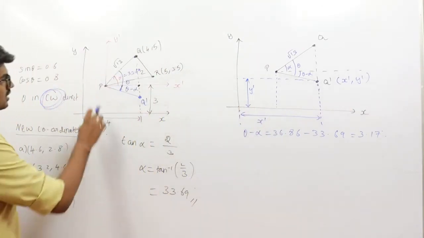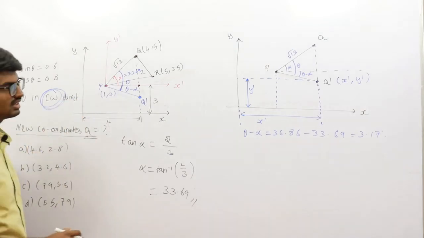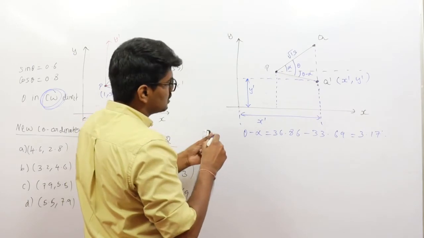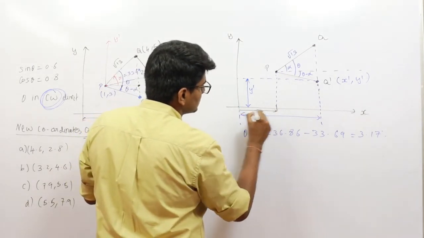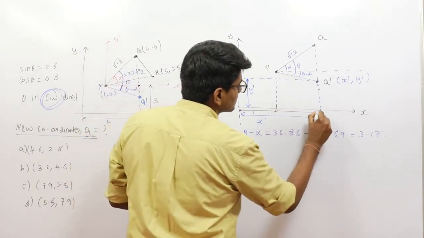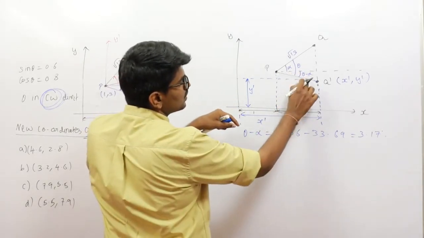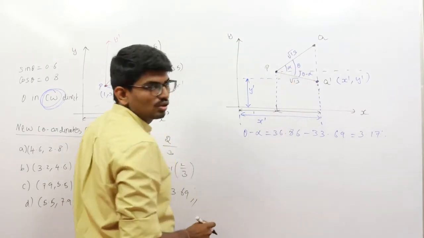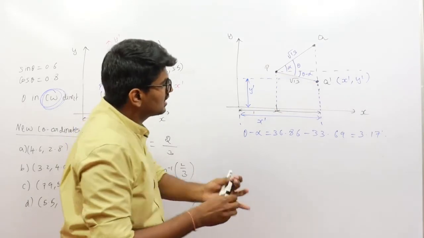We know P is nothing but 1 comma 3. So this distance was 1. Okay, and what about this distance? How can I find it? Simple. We know PQ dash. PQ dash value is root 13, right? Root 13. And if I resolve it in angle known side, understand carefully.